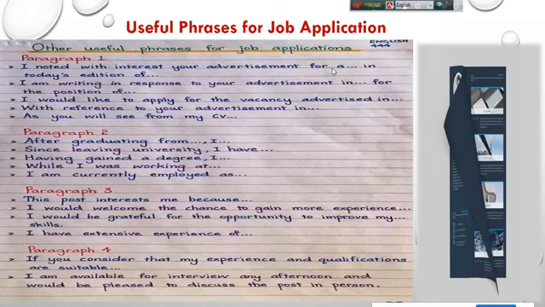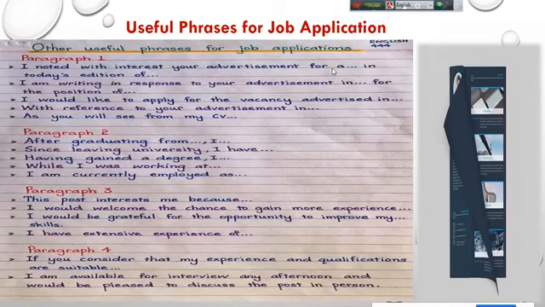I would like to apply for the vacancy advertised in so and so, with reference to your advertisement in the same thing, as you will see from my CV. So these are the starters. This is called a starter, at the very beginning of the body of the cover letter.